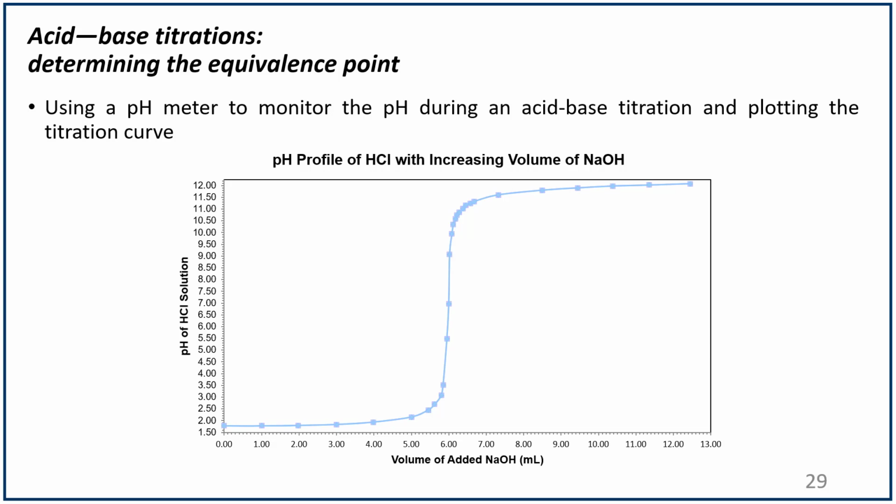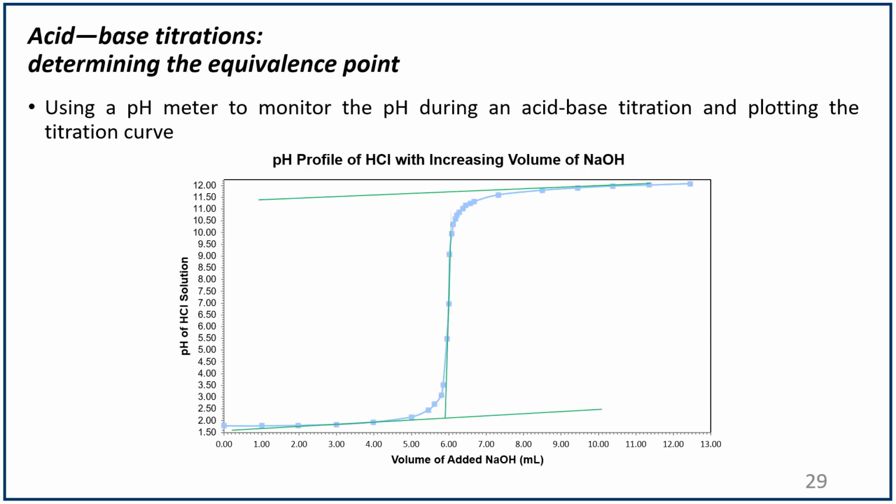And from there, you can plot the curve like this. Okay, there is software such as Logger Pro, which does this automatically for you. I think some of our majors are using Logger Pro in the lab, or have used Logger Pro in the lab.